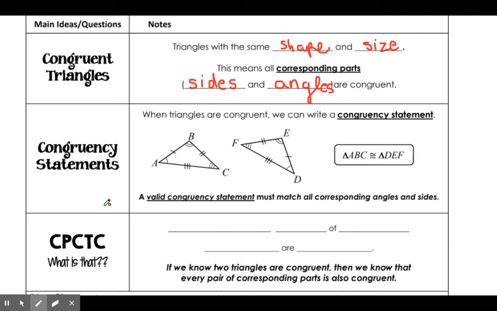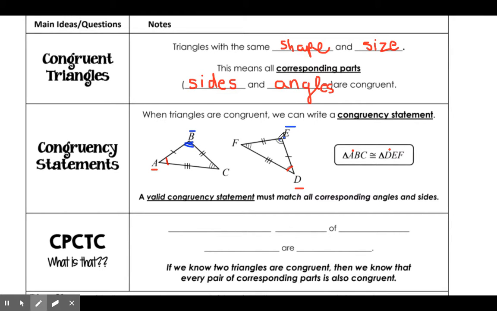So we can see here that angle A is congruent to angle D because they both have just one marking. And then you can see that A and D are in the same position. Okay, then we can say that angle B is congruent to angle E because they both have two markings.